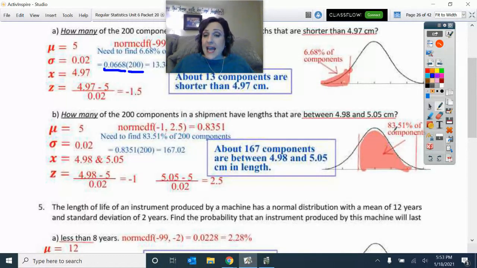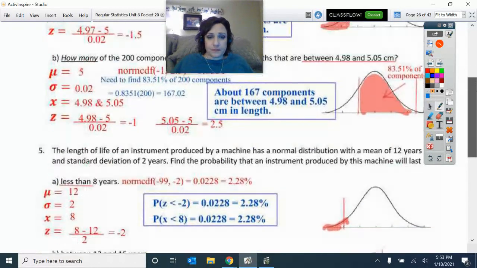So if this is the ideal size range, then 83.51% of the components are in that category. But how many of the 200 components? So that decimal times 200 means we'll get about 167 components of that size.